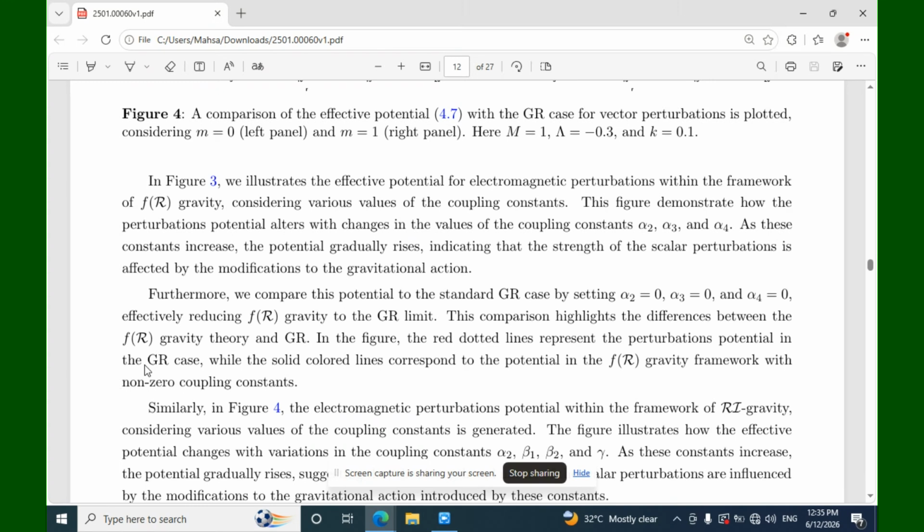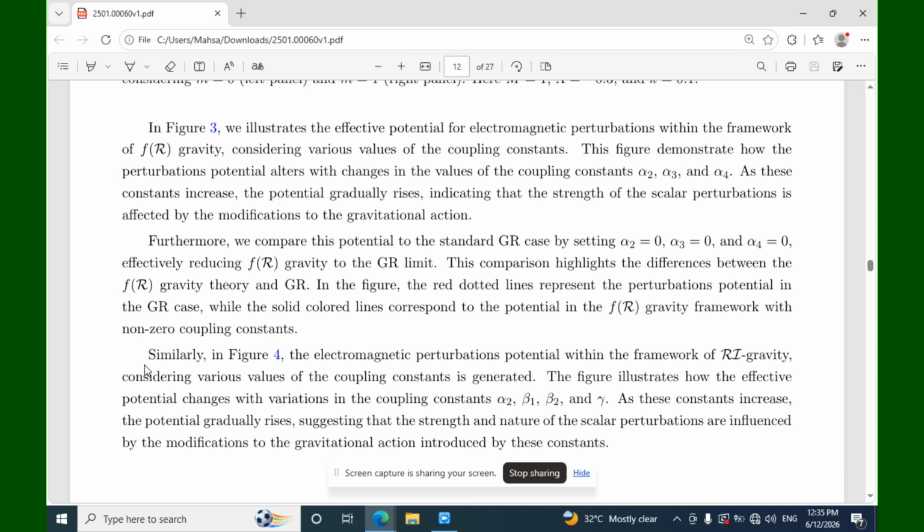As these constants increase, the potential gradually rises, indicating that the strength of scalar perturbations is affected by the modifications to the gravitational action. Furthermore, we compare this potential to the standard general relativity case by setting alpha 2 equal to 0, alpha 3 equal to 0, and alpha 4 equal to 0, effectively reducing FR gravity to the general relativity limit.